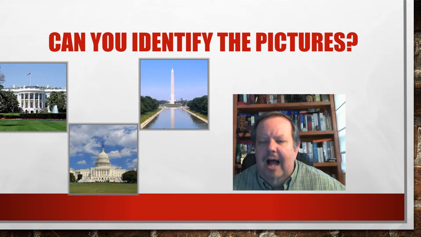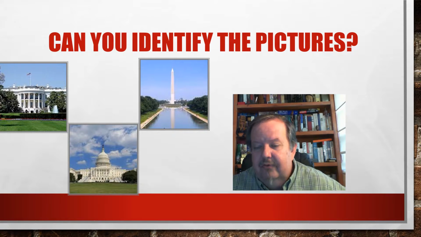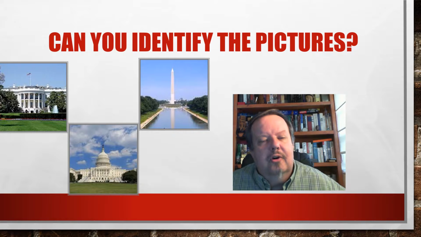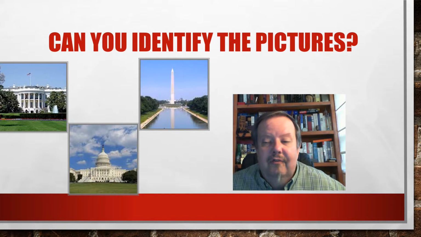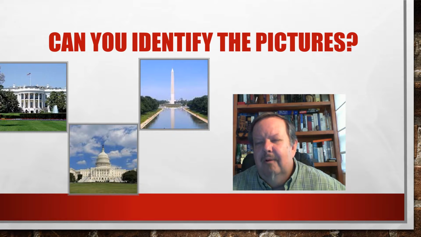This tall obelisk, which is actually directly behind the White House, across this reflecting pool, is a monument to George Washington, first president of the United States, one of the founding fathers of our country, and this is called the Washington Monument. And it's a large obelisk, about 520 feet tall.